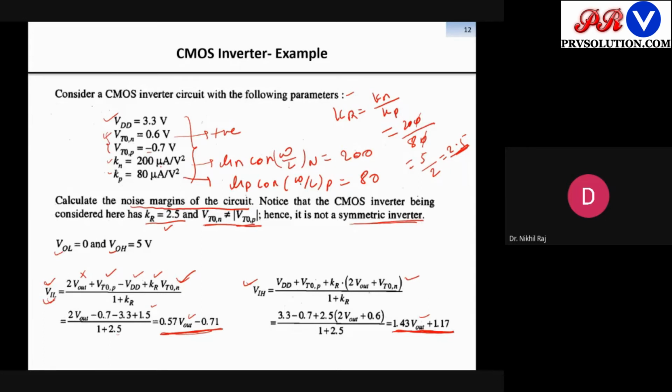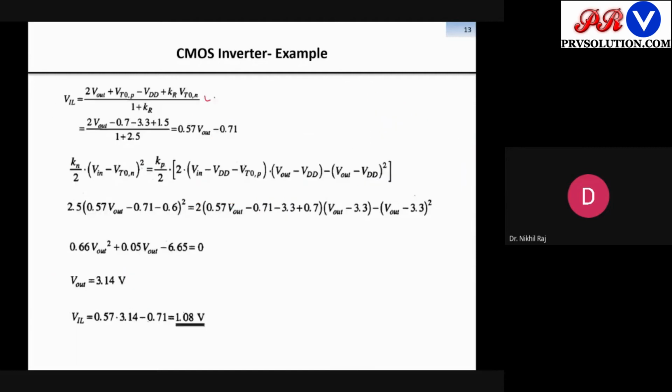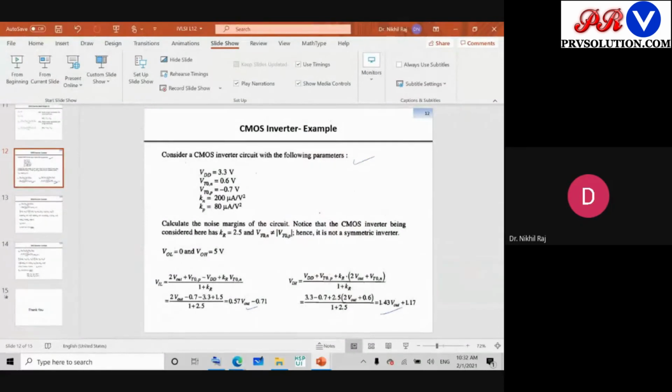So what can be done next? Next, recall that standard equation and substitute these values. Let's say for VIL we will go. We have got this equation for VIL, and I'll substitute it into the standard equation from where this VIL arrives, for the CMOS inverter whose noise margin we have to calculate.